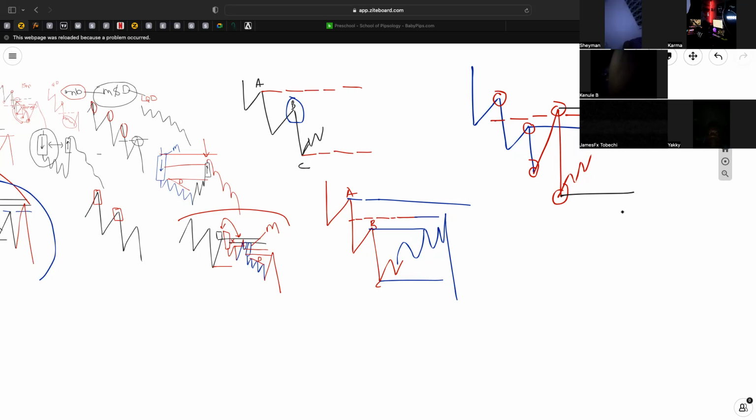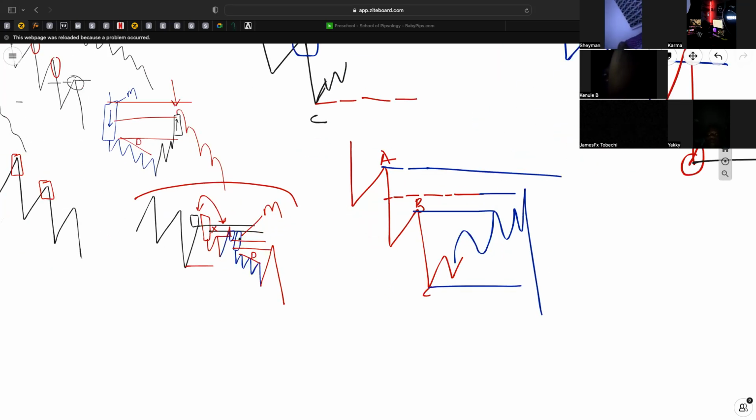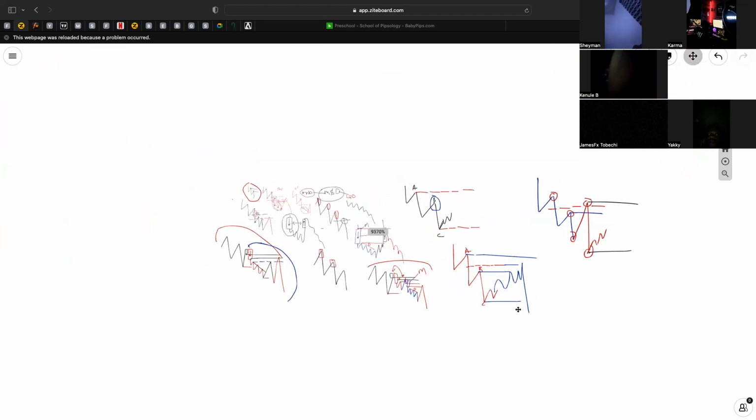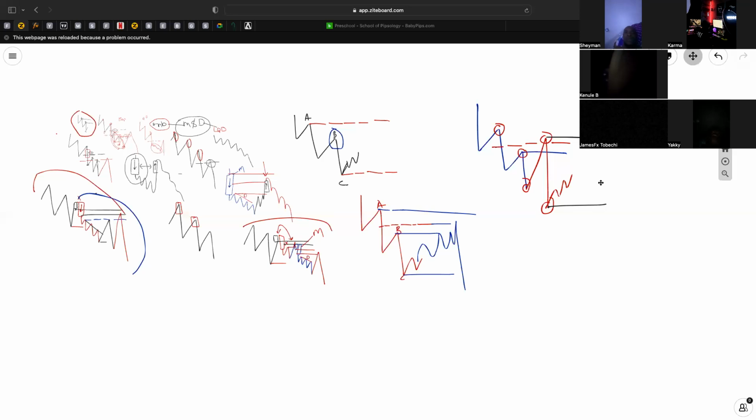So let's now go back to this one here. This is the basic trading range that you can find. These are the basics, as today is the second class.